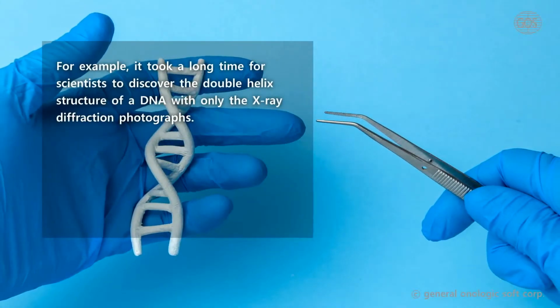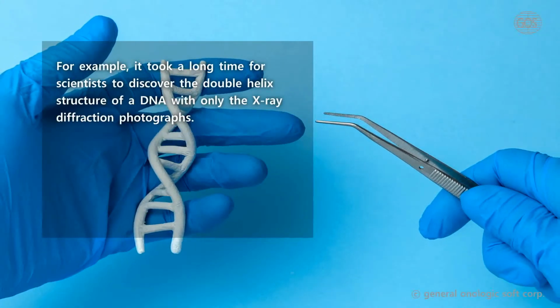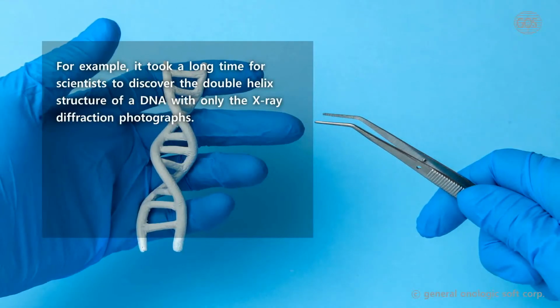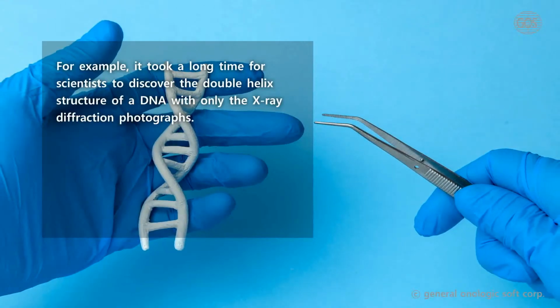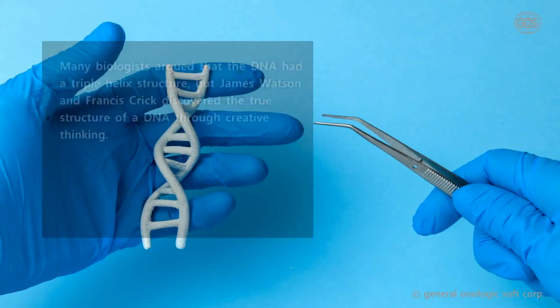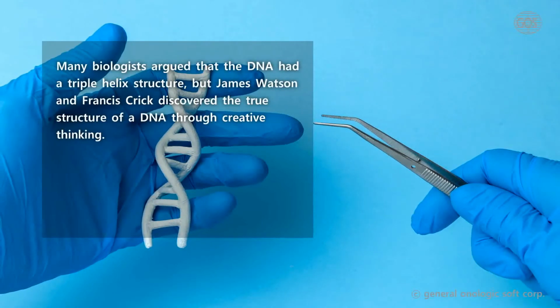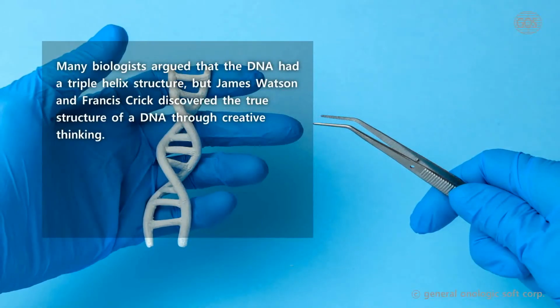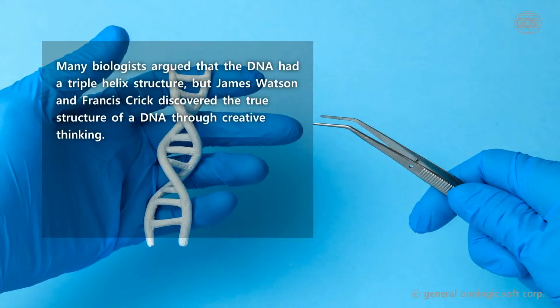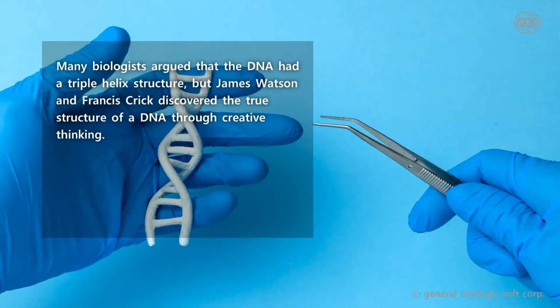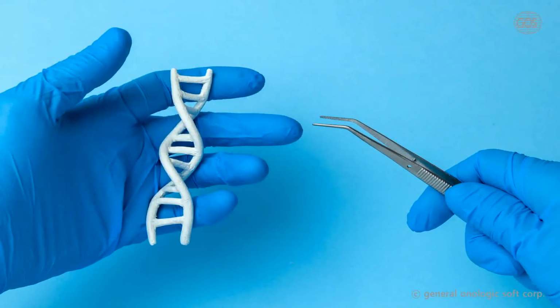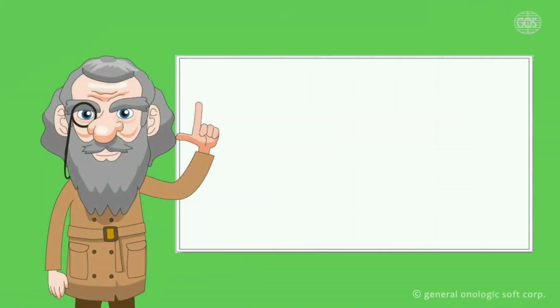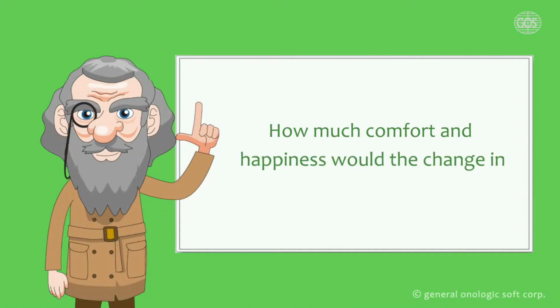For example, it took a long time for scientists to discover the double helix structure of a DNA with only the X-ray diffraction photographs. Many biologists argued that the DNA had a triple helix structure, but James Watson and Francis Crick discovered the true structure of a DNA through creative thinking. How much comfort and happiness would the change in dimensions bring to the world?